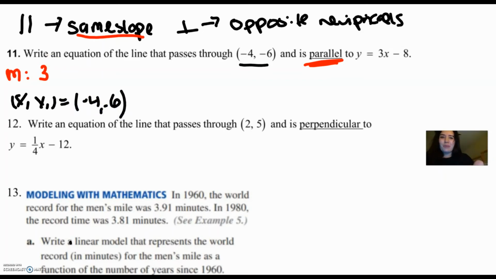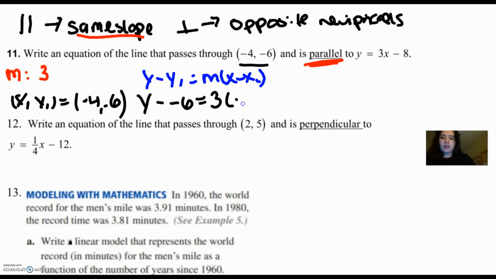Okay, so our point slope form is y minus y1 equals m times x minus x1. So we're going to plug in those points. We get y minus -6 equals 3 times x minus -4. And of course, I'm going to simplify that because subtracting a negative is like adding a positive.